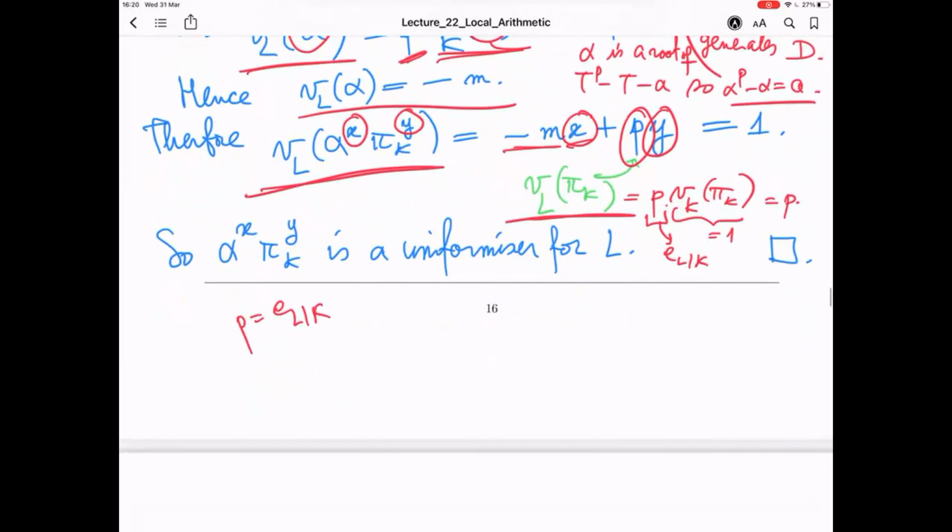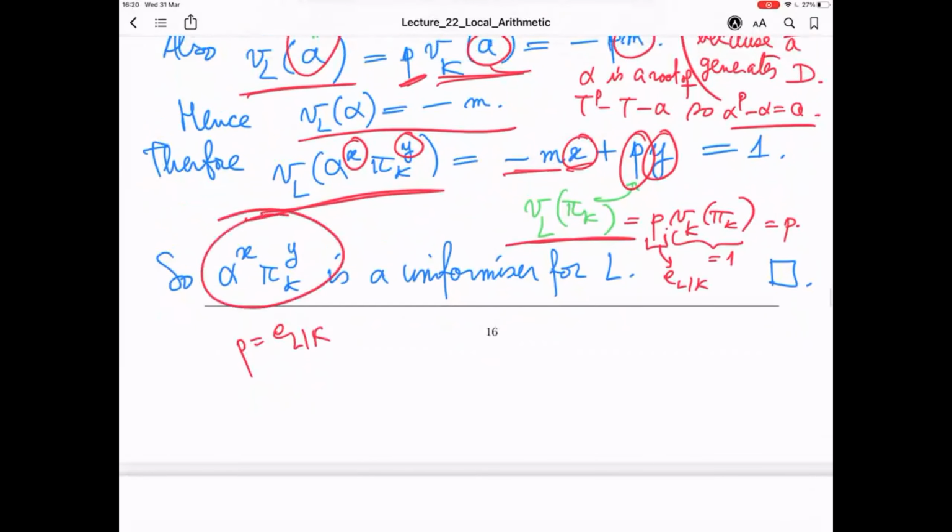And therefore, what we have computed is that the valuation of this thing is equal to 1, and therefore it's a uniformizer for L.